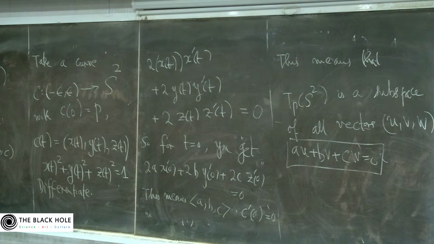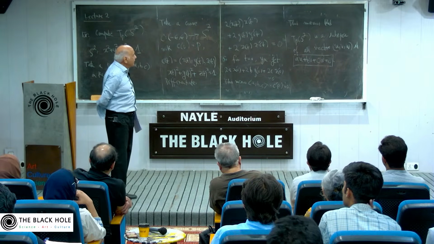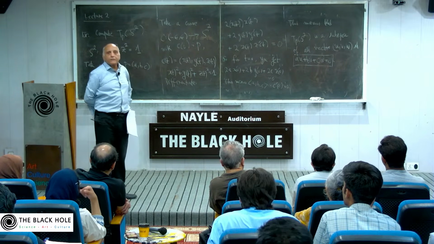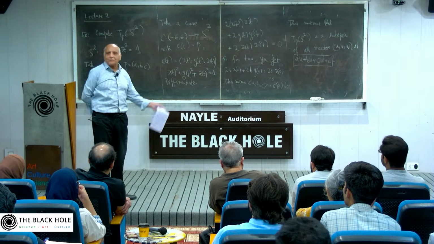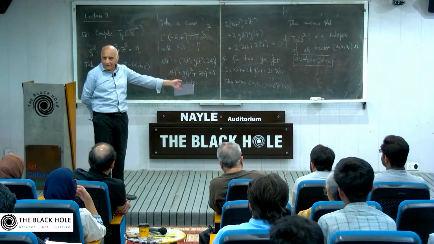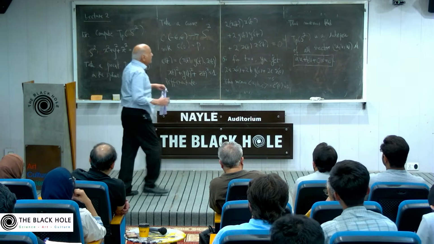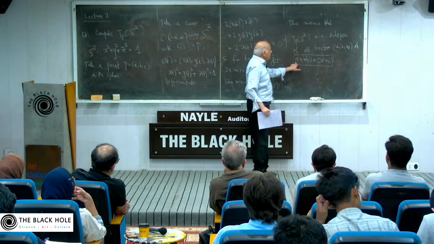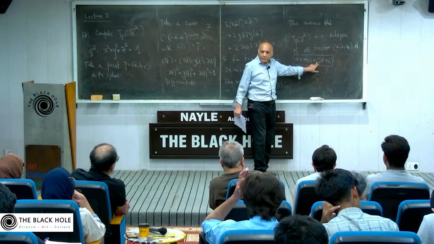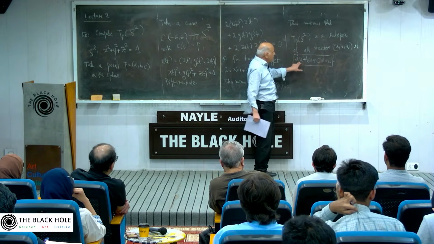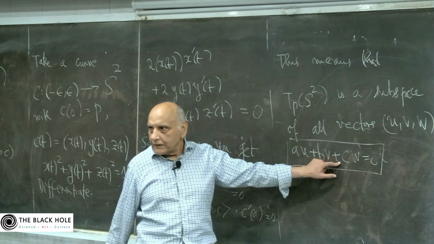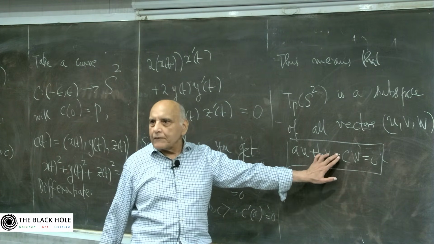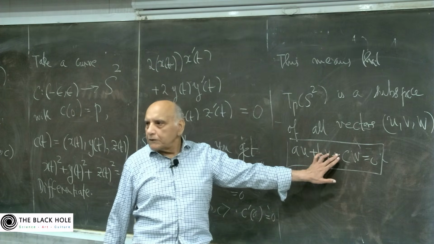When you add two such, you will get again. So now how can I conclude that its dimension is 2? Geometrically it's obvious. All vectors perpendicular to a vector form a plane. But here, not all a, b and c can be 0. So I can divide by a and I get u in terms of v and w, and that is what Dr. Vakas was saying. So you have 2 degrees of freedom, so it will be a 2-dimensional space.